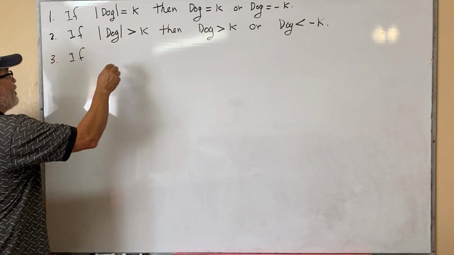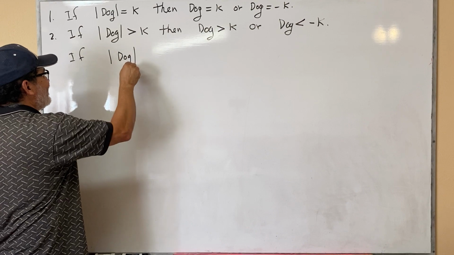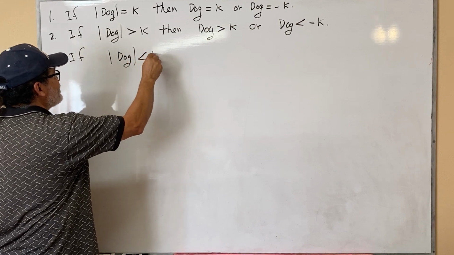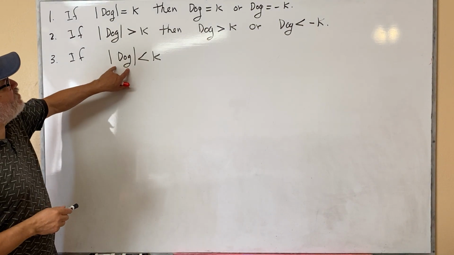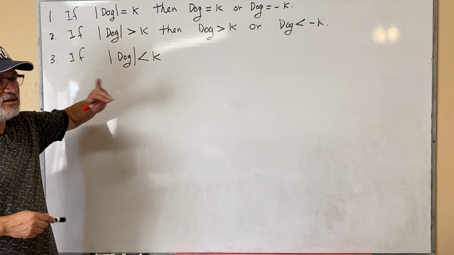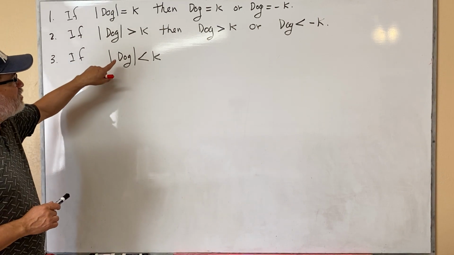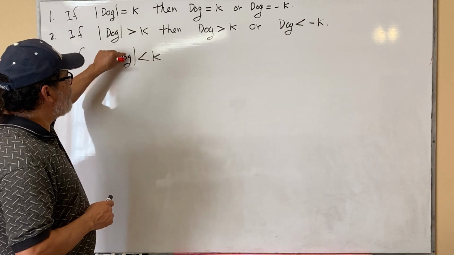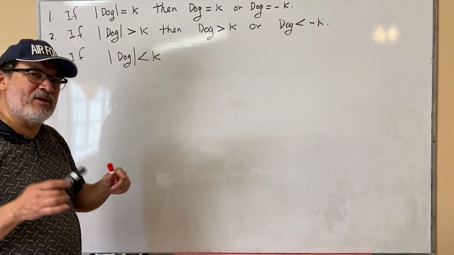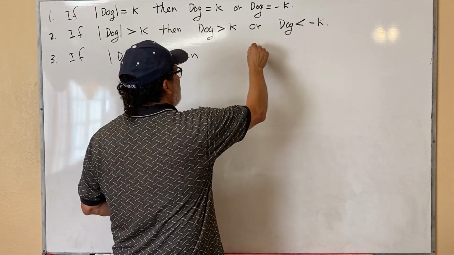If the absolute value of the dog is less than constant, here, the easiest thing to do, put the dog in the middle. Take it out of the absolute value and put the dog in the middle.